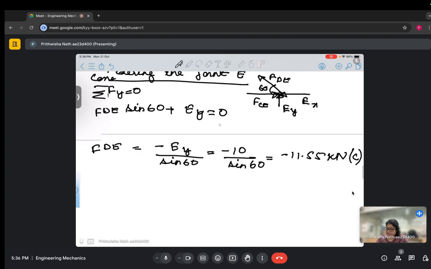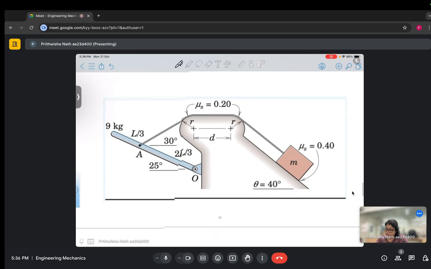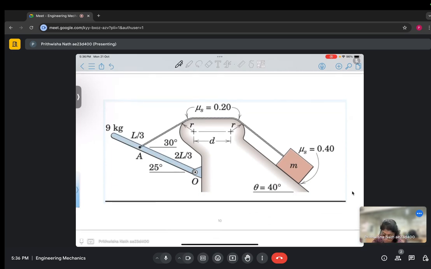Now moving on to the next problem. Here you need to determine the range of mass m over which the system is in static equilibrium.